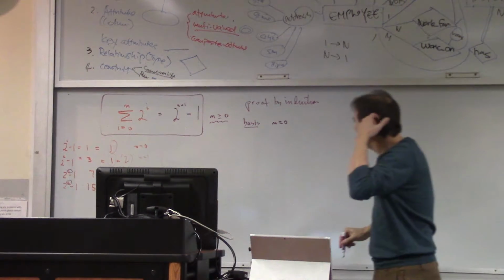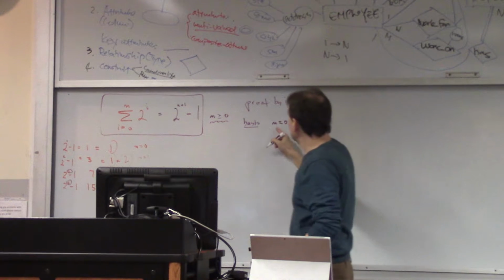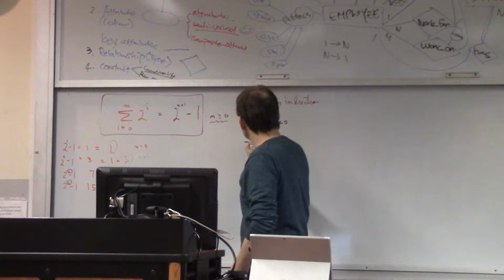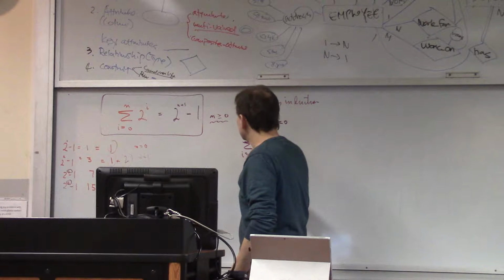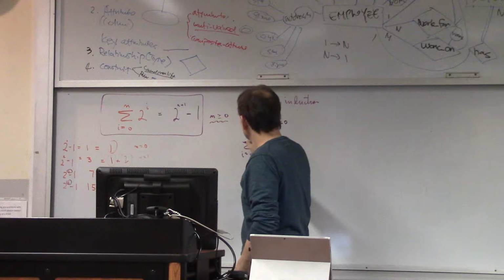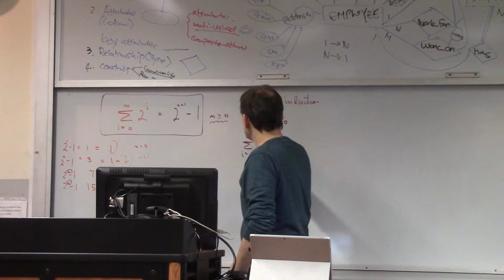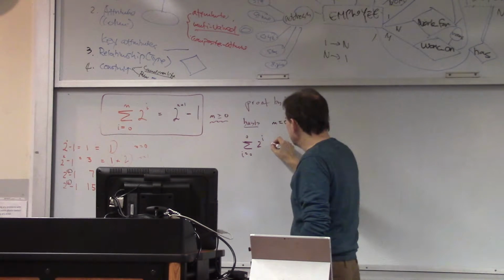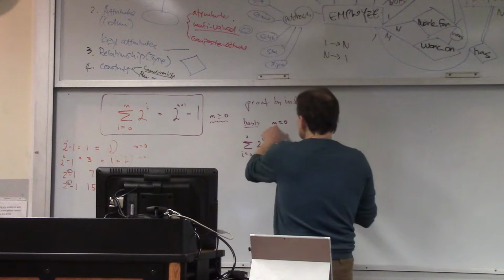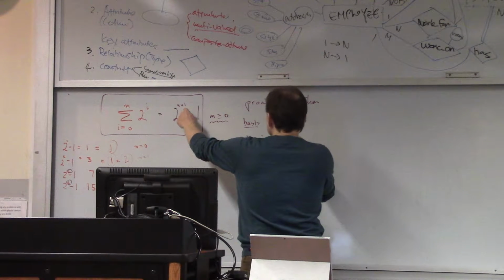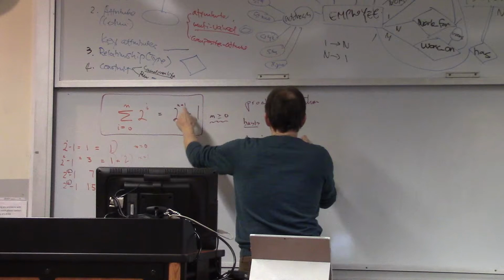To do that, we're going to simply plug in 0 for n. So we have the summation as i goes from 0 to 0 of 2 to the i. That should equal 2 to the n plus 1, which is 1, minus 1.